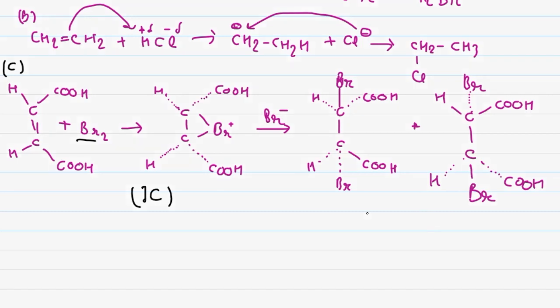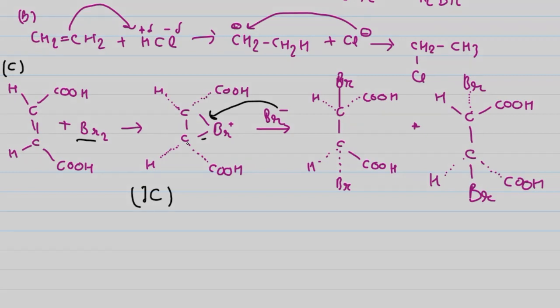Since the bromide ion Br minus can attack with ease only along the C-Br plus charge, that means it attacks this position or this position, and also on the side distant from the bromine.